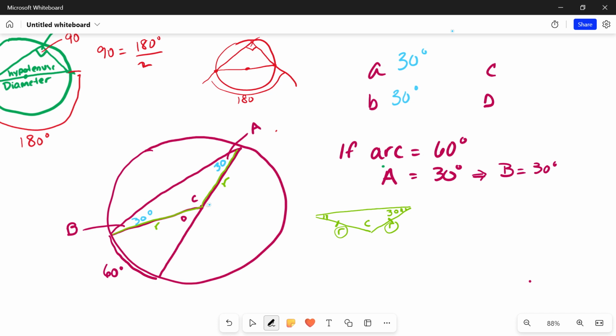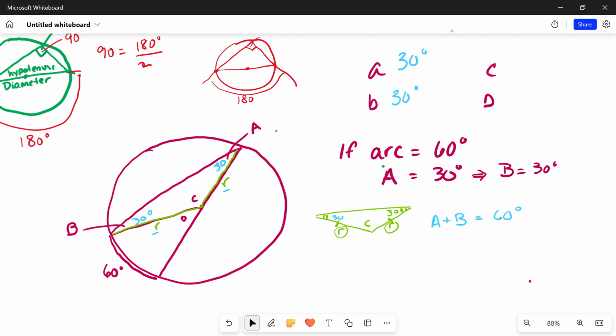Because the two sides of this triangle are both these radiuses and they're the same, we know then that angle B has to also be 30 degrees. Okay, now think about this. Here's this whole triangle here, right? I've got those two angles that are 30 degrees, so A plus B equals 60 degrees.